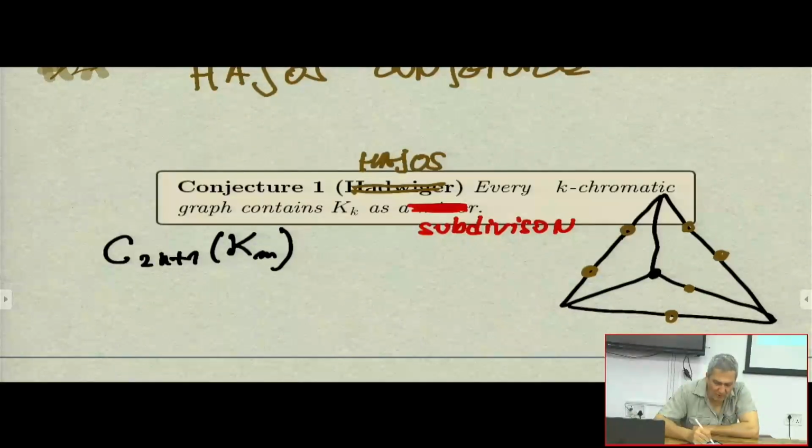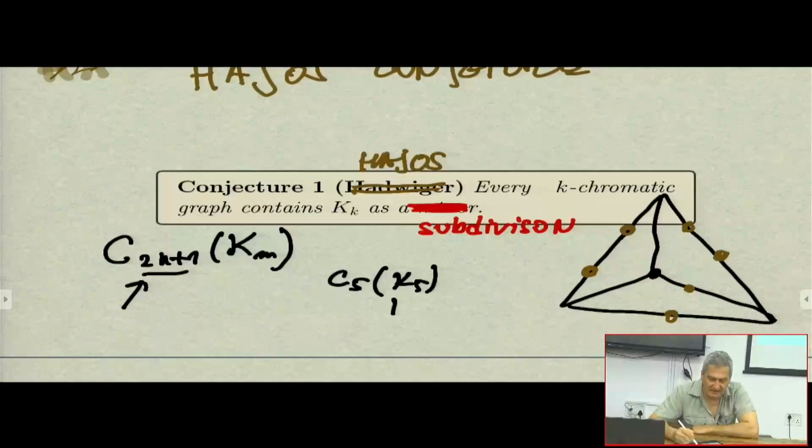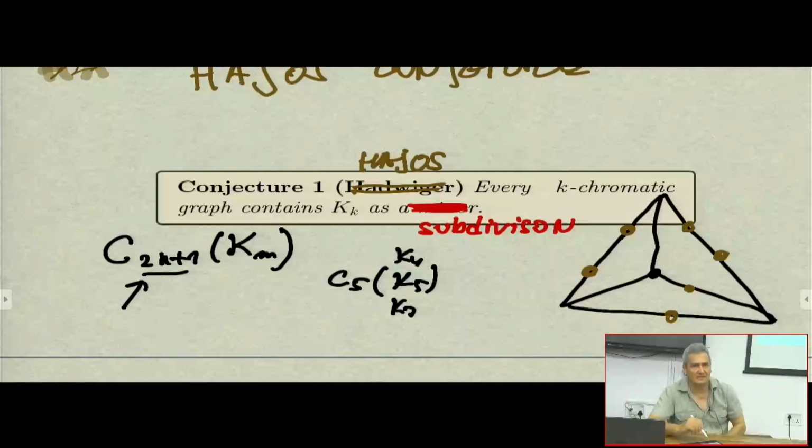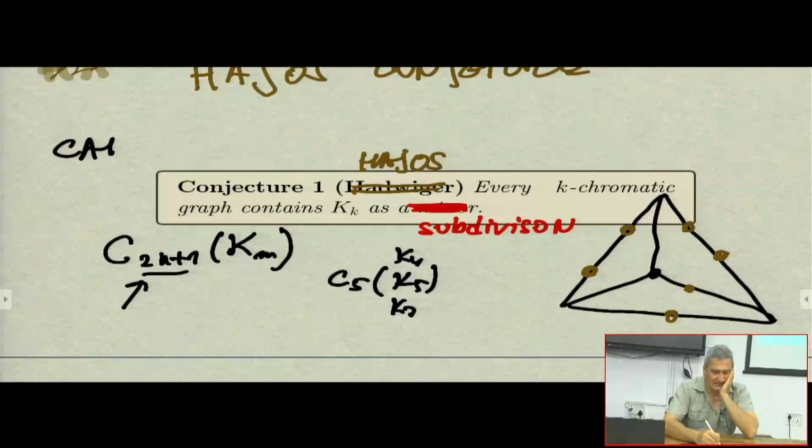So your homework will be to find such C and K that disprove this conjecture. Probably if you take C5 and maybe K5, K7 or K6 or K4 or K3, something like that. There are many counterexamples. So this was proved by Catlin, and that's why these graphs are sometimes also called Catlin graphs.